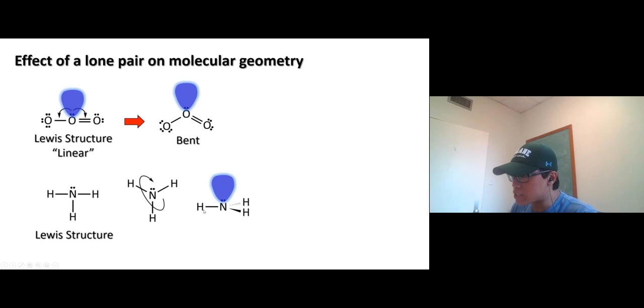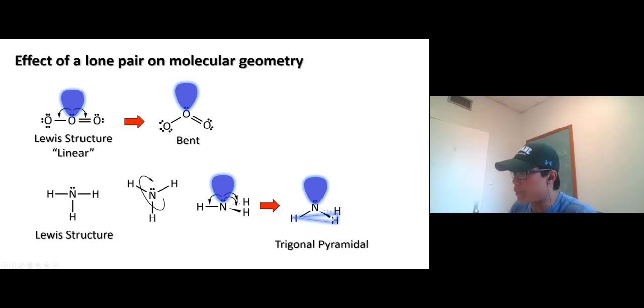This lone pair will push everything else the other way, in this case downward. So you will get that geometry. In this one, it's not trigonal planar anymore because all hydrogen atoms are not on the same plane. In this case, we call this structure trigonal pyramidal. Looks like a pyramid, you know?